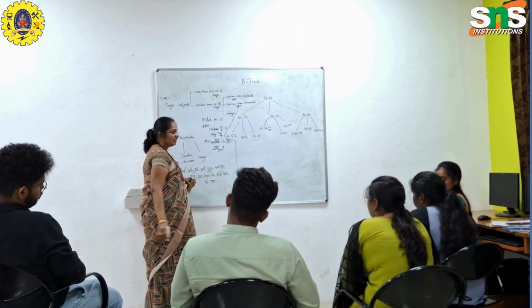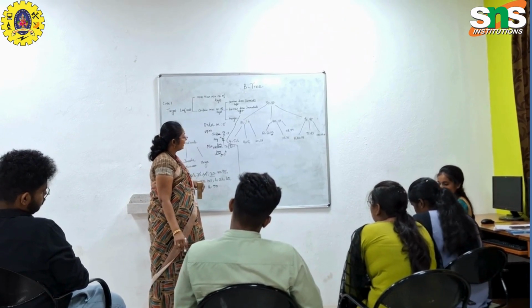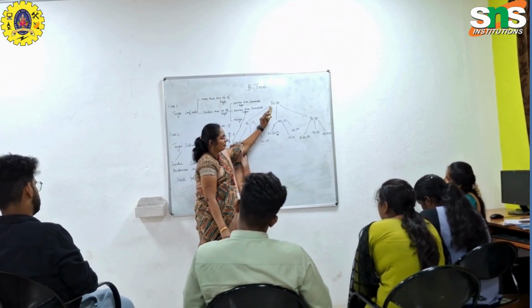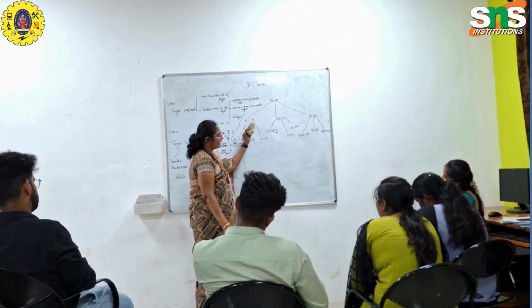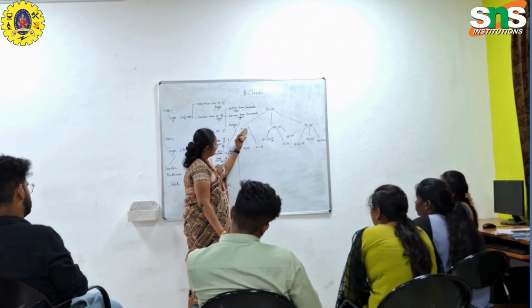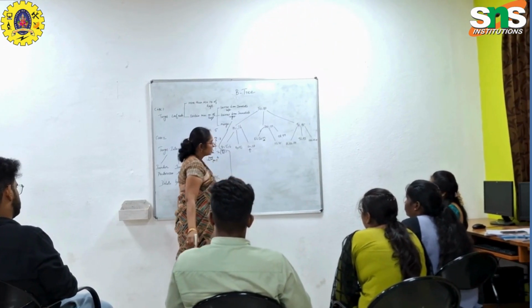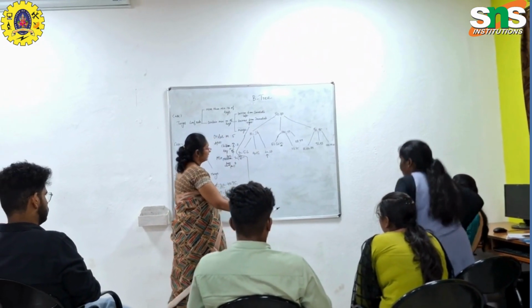Now we are going to delete the value 20. Where would 20 be available? It is less than 50, so it will check over here. Here also it is greater than 20, so automatically it will come over here. So in this node we are going to delete the value.